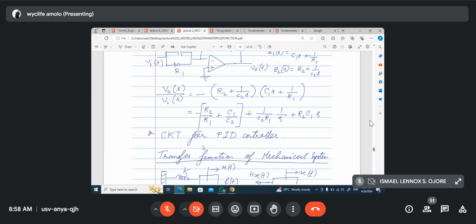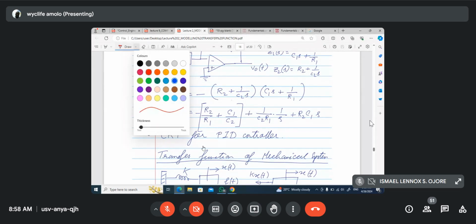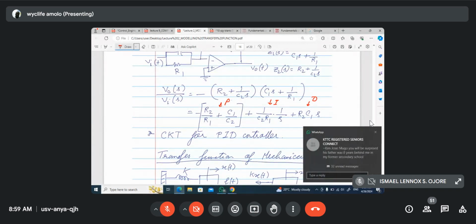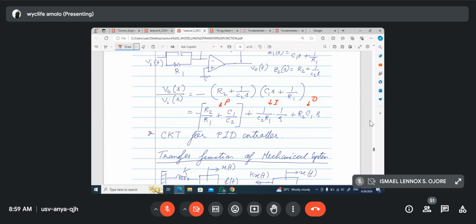This part here is the P part. This is our I. And this is our D. So you'll be able to know which circuit is giving you the I.